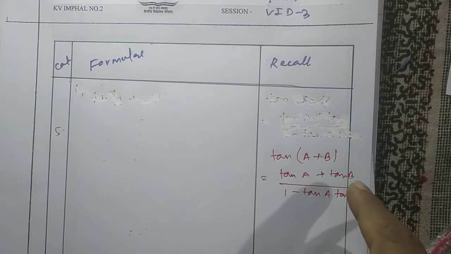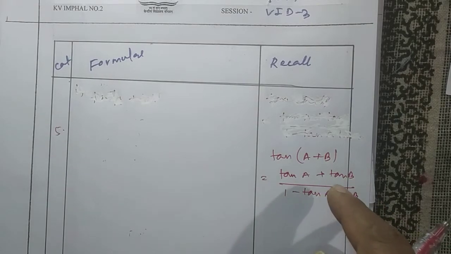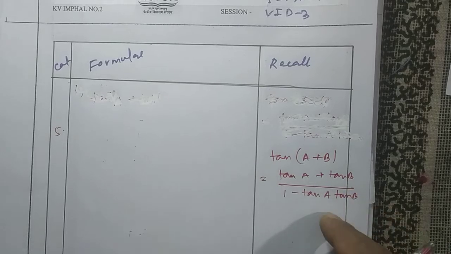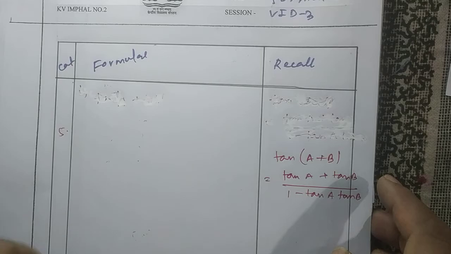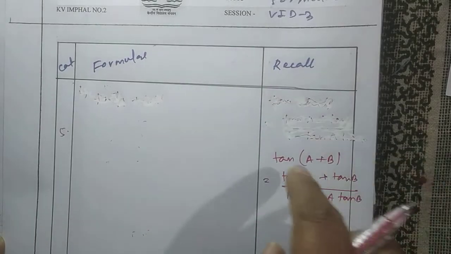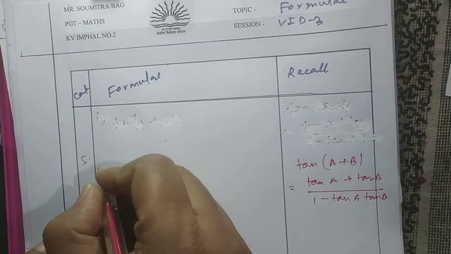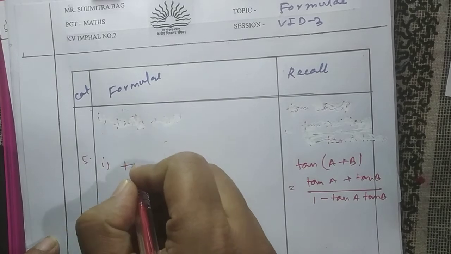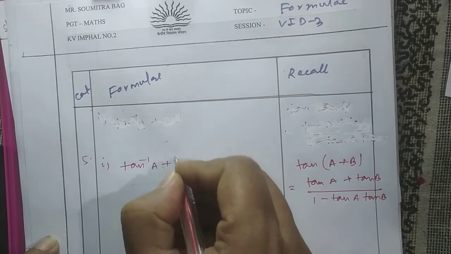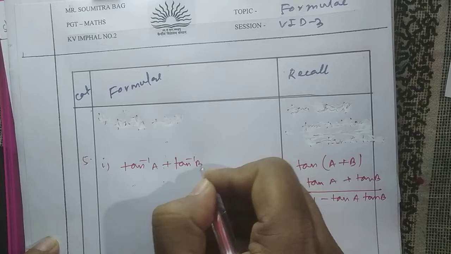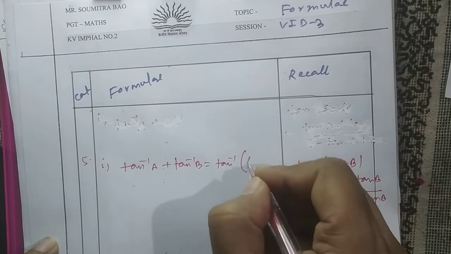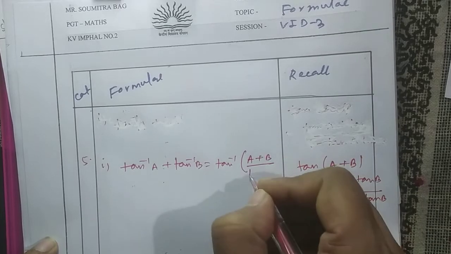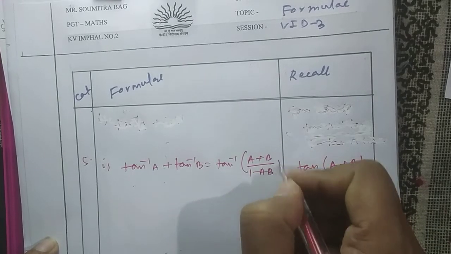Similarly here we have one more formula like that, and it will be tan inverse a plus tan inverse b, equal to tan inverse of a plus b by 1 minus ab.